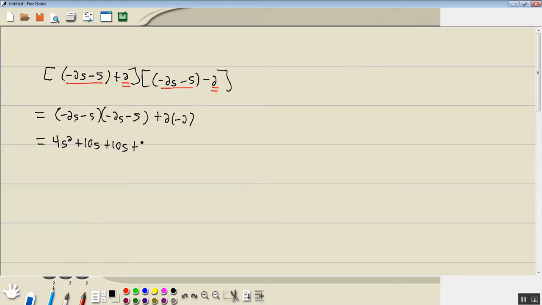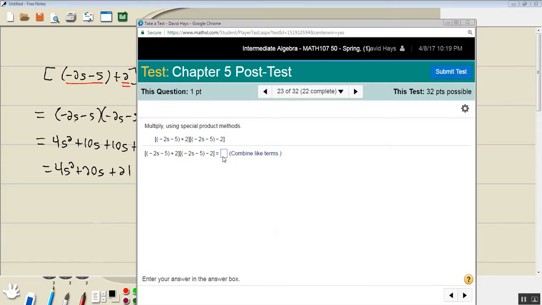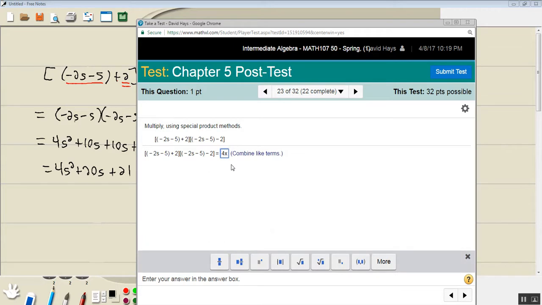Negative 5 times negative 5 is 25. And 2 times negative 2 is negative 4. Which gives us 4s squared. 10s plus 10s is 20s. And 25 minus 4 is 21. So 4s squared plus 20s plus 21.